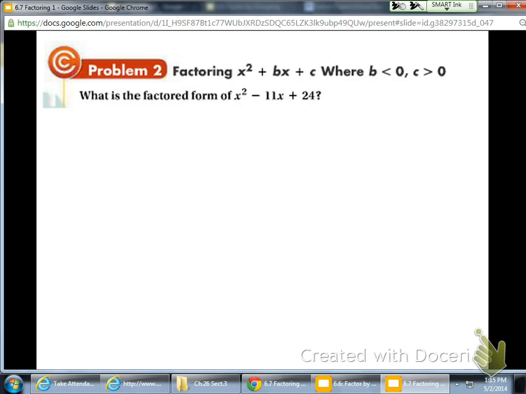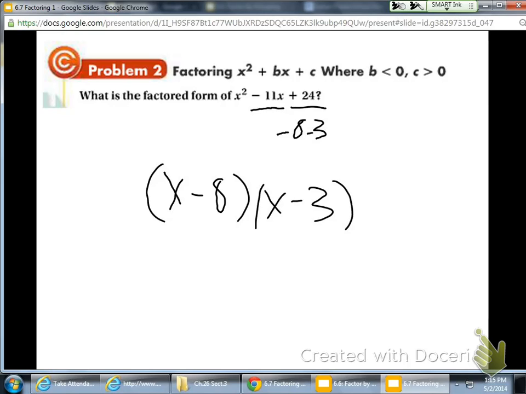If you do 8 plus 3, but it's negative 11x, you know you have to start with C, but it wouldn't match with B. So 8 and 3 would still work, but you'd have to make both of them negative instead of positive, because 2 negatives equal a positive, and then you could still get negative 11x. So it would be x minus 8, x minus 3. Very good.